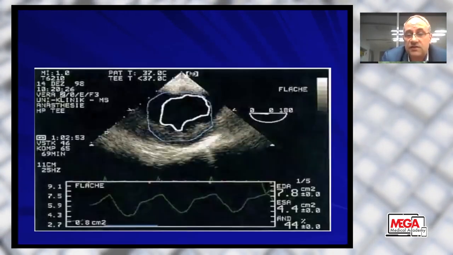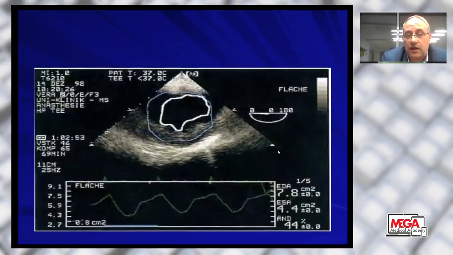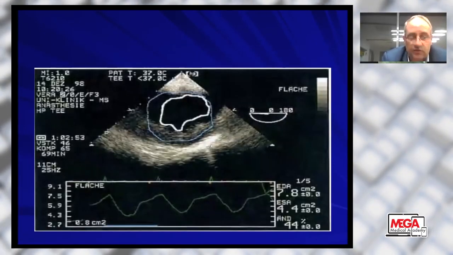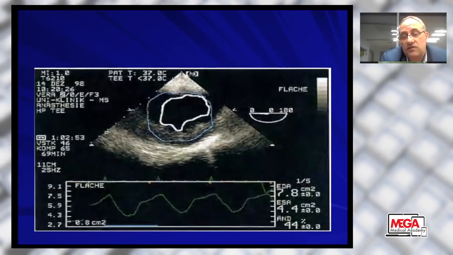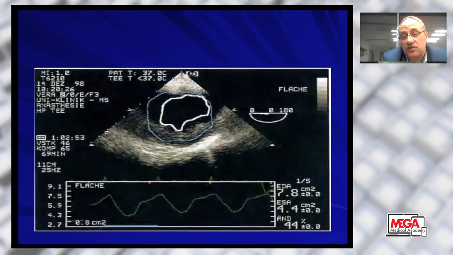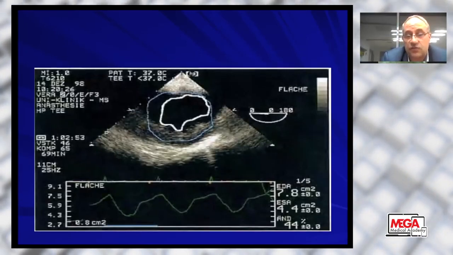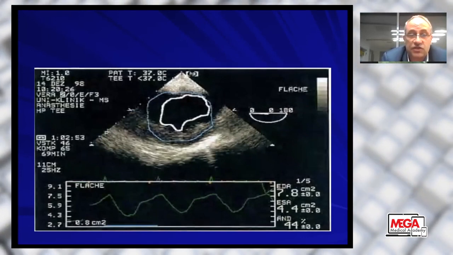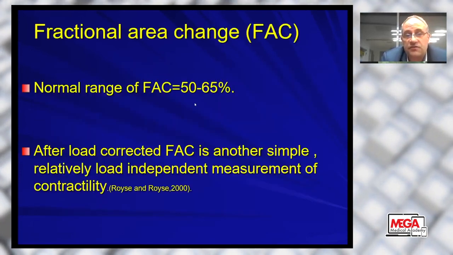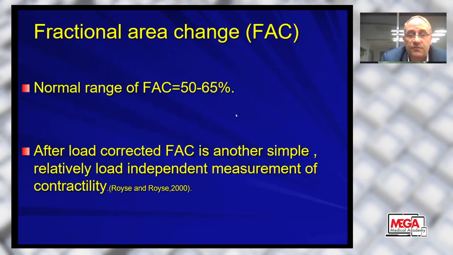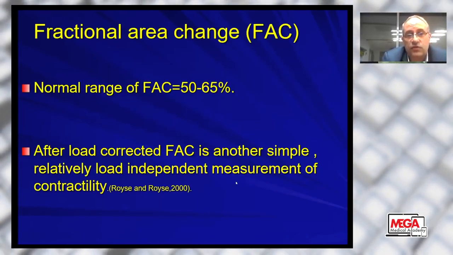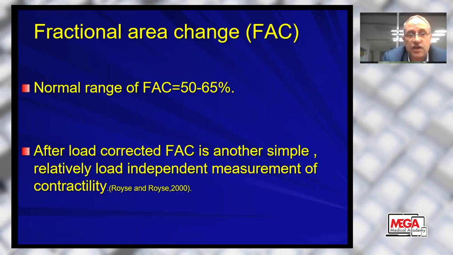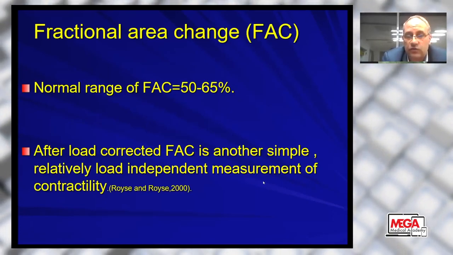There is a software, I haven't seen it a lot, once or twice, that continuously traces the endocardial border in systole and diastole and gives you a continuous estimation of the end diastolic area, end systolic area and fractional area change. Normally, fractional area change is 50 to 65, and we can add an afterload corrected fractional area change to be more load independent.